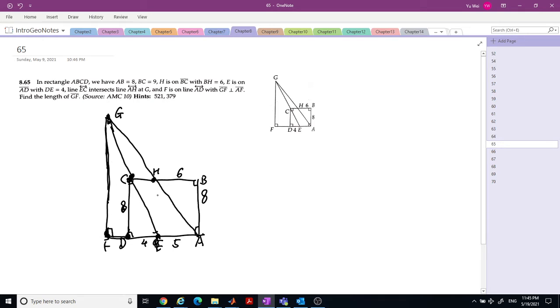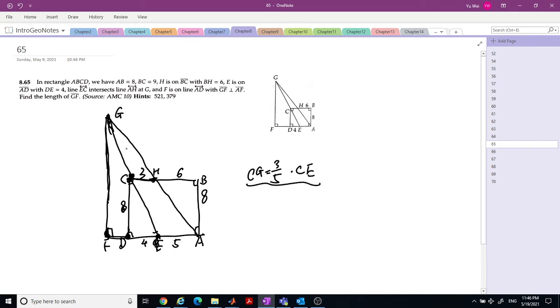So FD over DE is also GC over CE is also CH over AE, right? So this is 3 over 5. That means CG is 3 to 5 of CE.